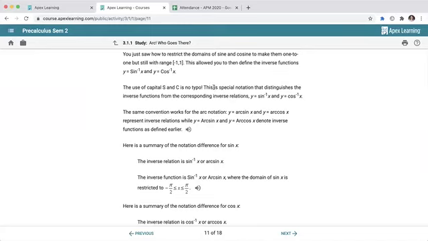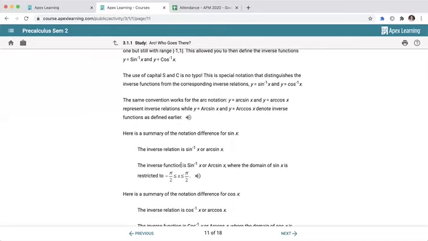So when you are talking about sine with a capital S, sine^-1 of x, that's talking about a restricted area. So again, the inverse function of sine, as we saw when we restricted it, only had this domain here.